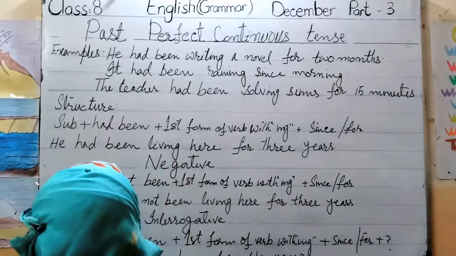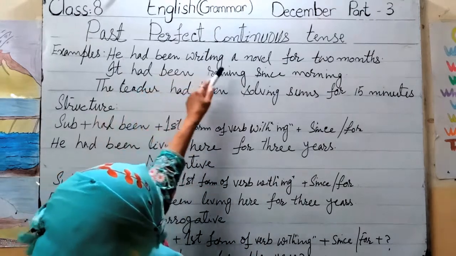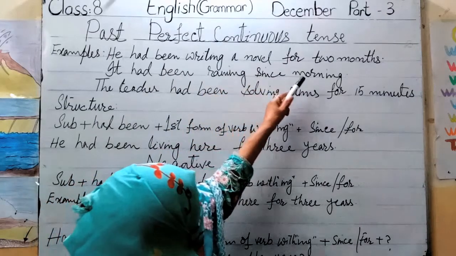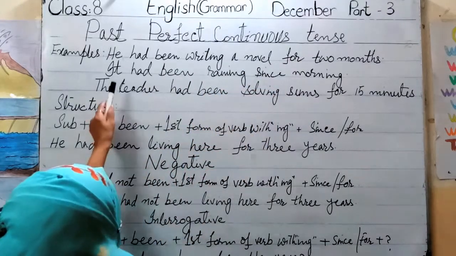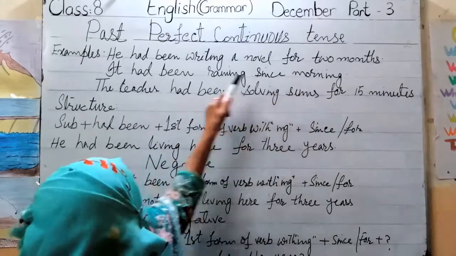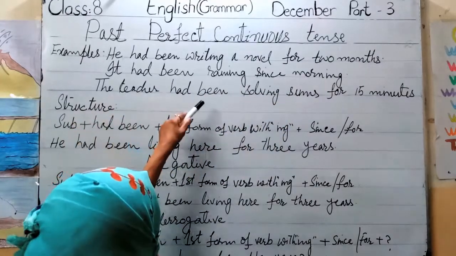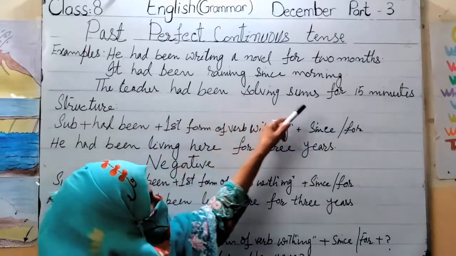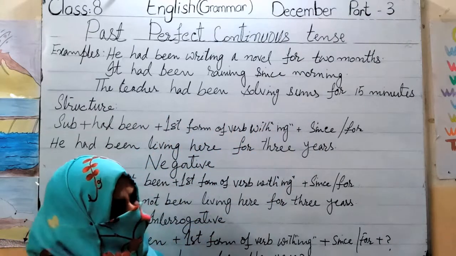For example, he had been writing a novel for 2 months. It had been raining since morning. The teacher had been solving sums for 15 minutes.